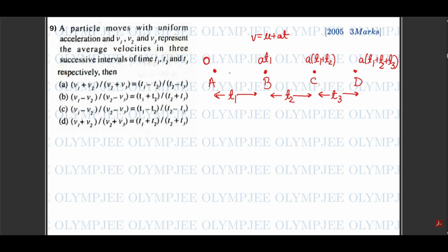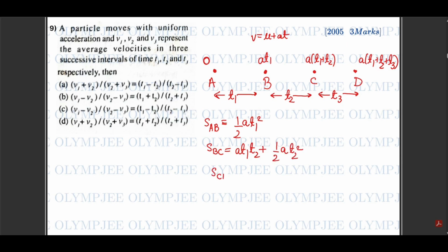So let's calculate S_AB, which will be given by ut, which is 0, so half a t1 square. S_BC will be given by u, which is a t1, so a t1 t2 plus half a t2 square.